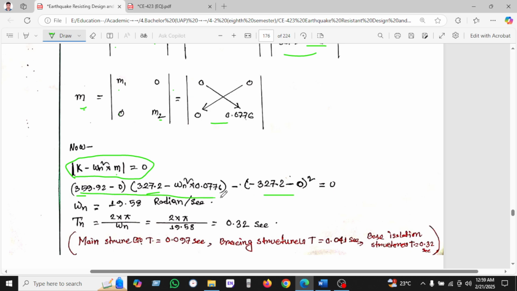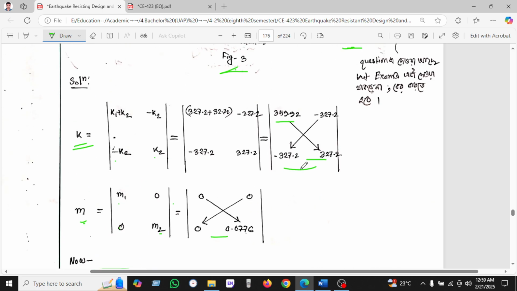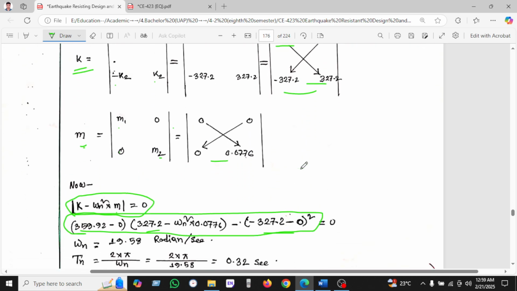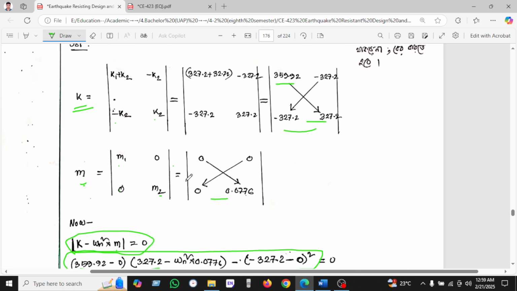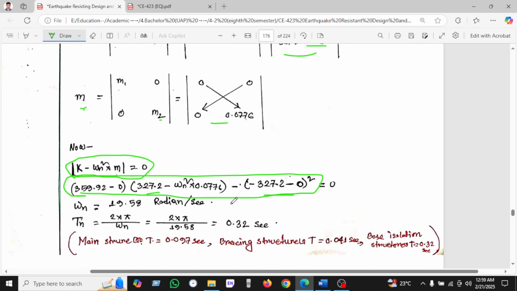I'm just skipping maybe 10 or 3 lines, and after that, skipping 3 lines, we get this equation. If we use all three equations, more time will be needed, so to reduce the time, that's why we are just skipping.